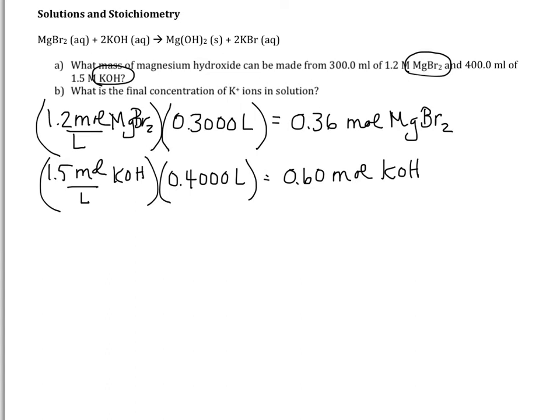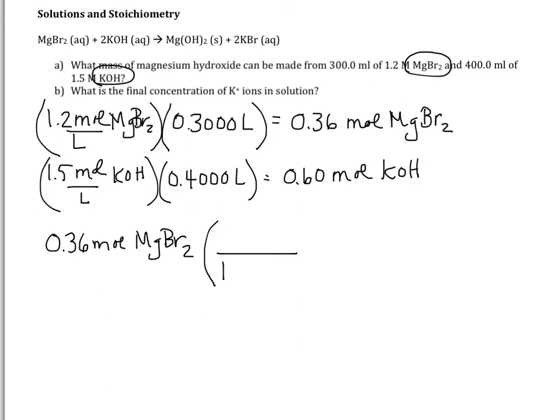So at this point, the problem becomes a limiting reagent problem like ones we've seen before, where we are starting with the number of moles of each reactant. So I'm going to pick one of them, my 0.36 moles of MgBr2, and figure out how many moles of KOH I would need if I was going to react all of this magnesium bromide. So I'm going to use the stoichiometric coefficients from the balanced chemical reaction.